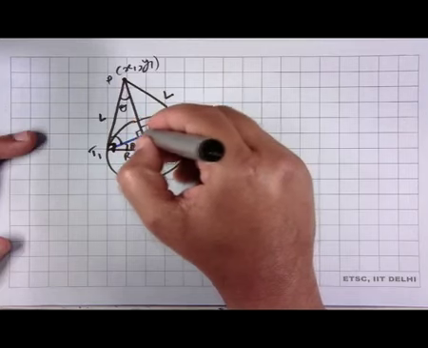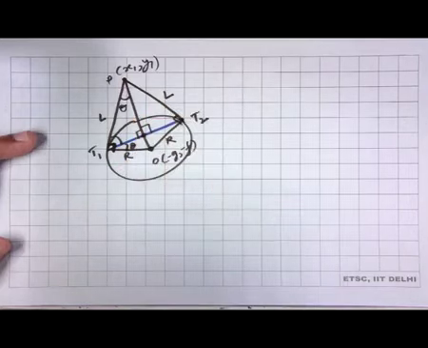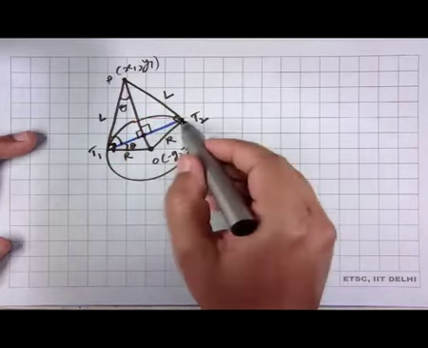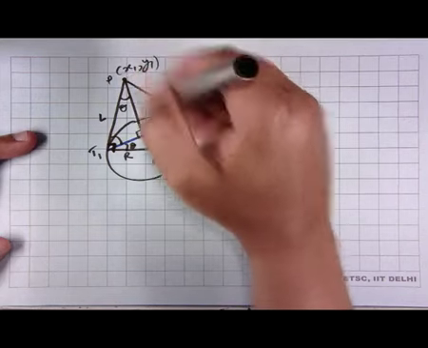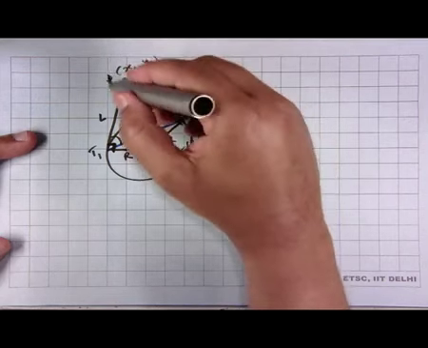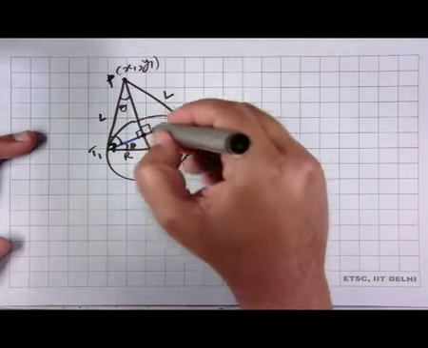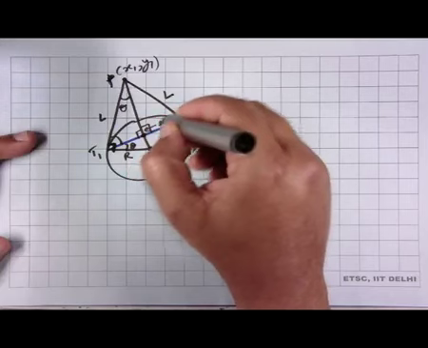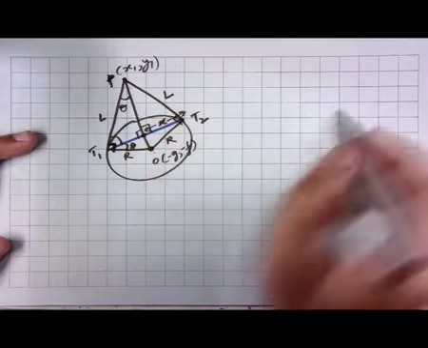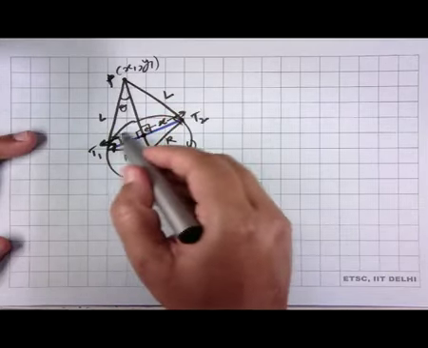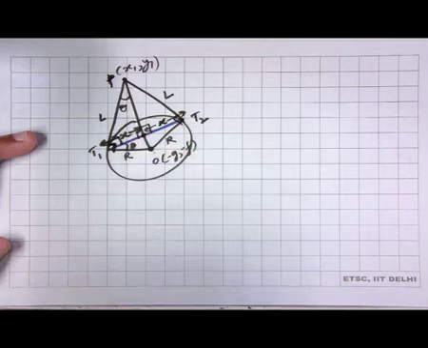Further, this point, which is the intersection of the chord of contact with the straight line joining the center O to the point P, this point is the midpoint of this chord, and therefore, if this length is x, then this is also x.